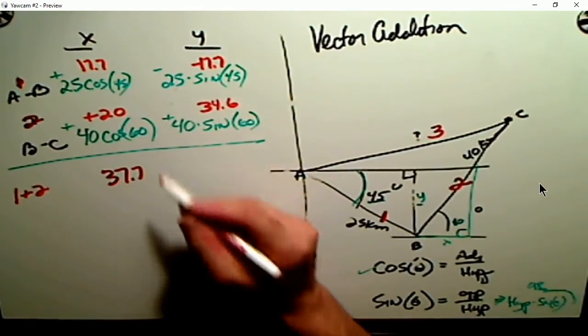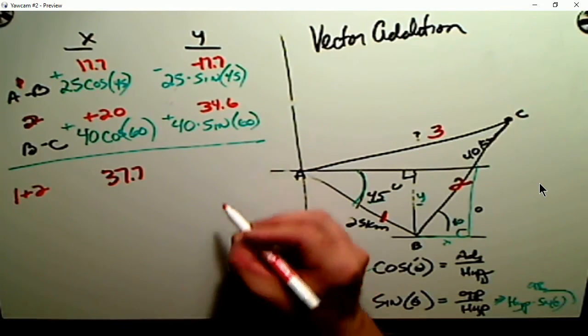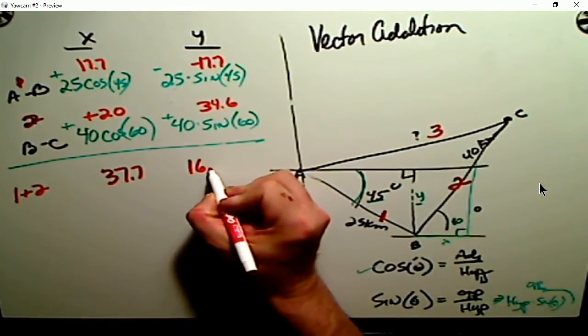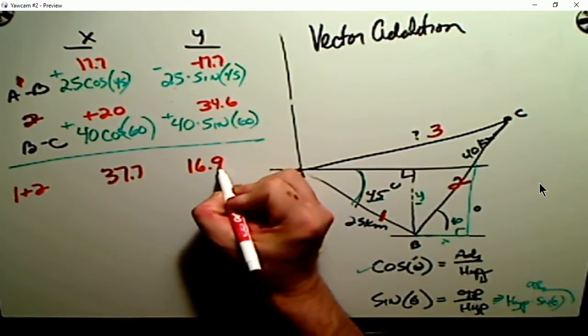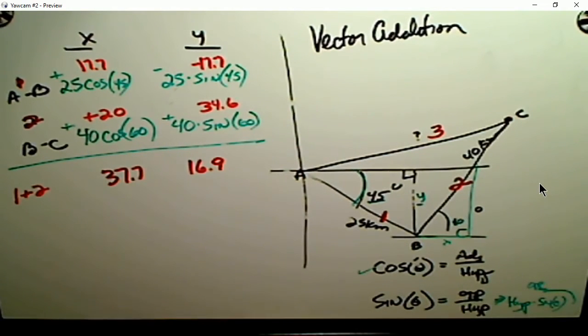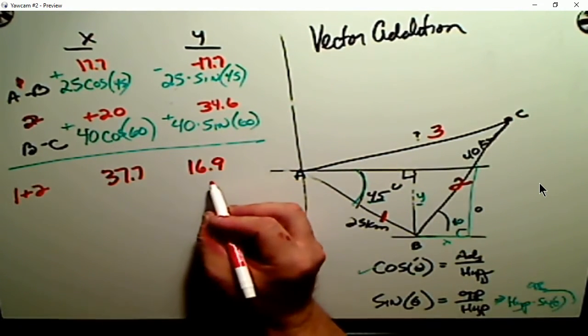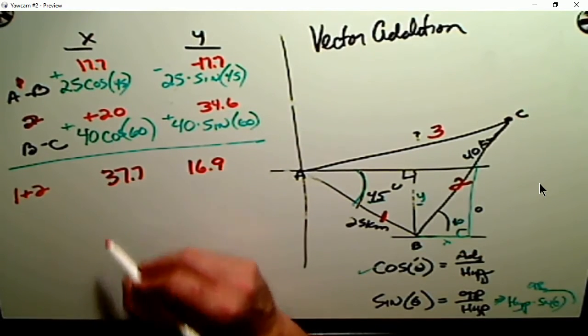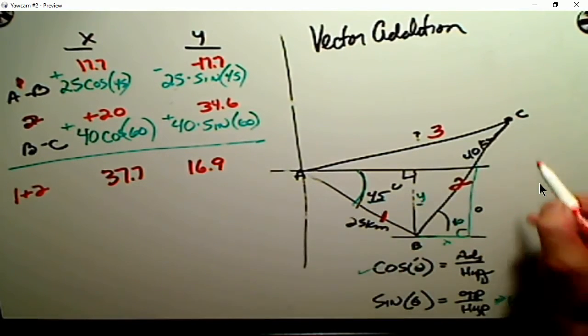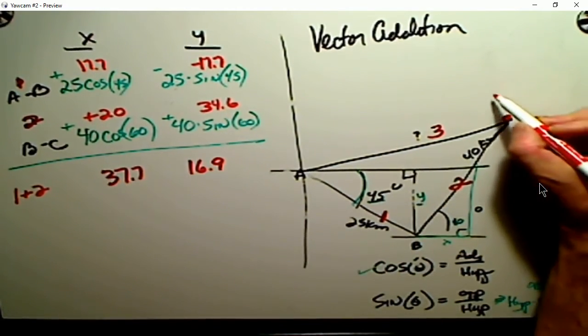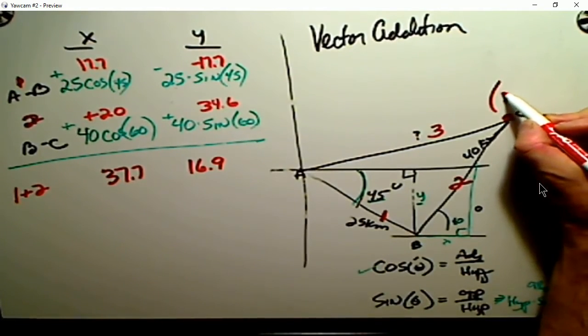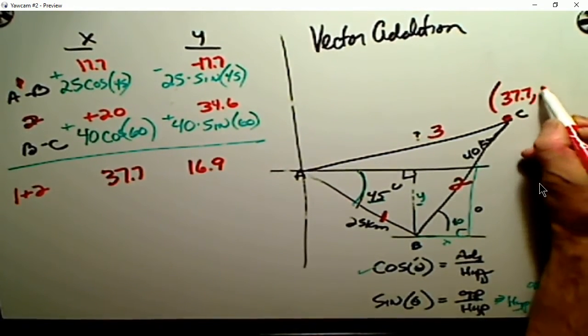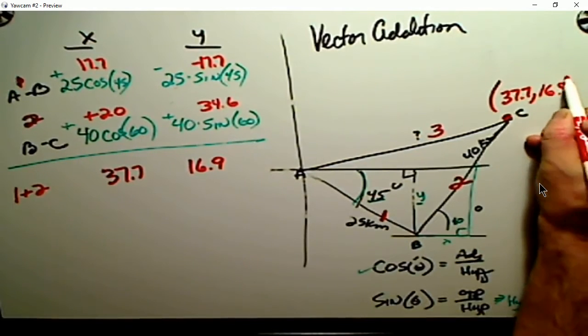Negative 17.7 plus 34.6 is 16.9. Those are the components in the x direction and the y direction, and we could write this particular point as 37.7 and 16.9.